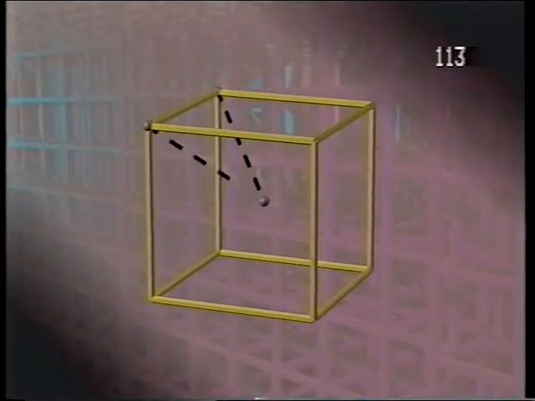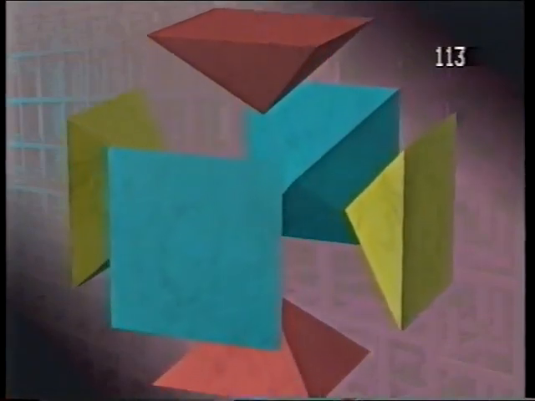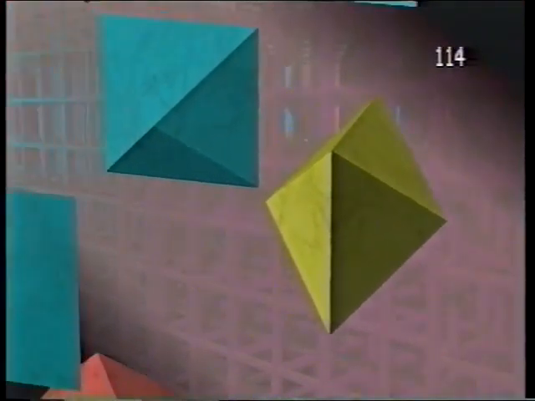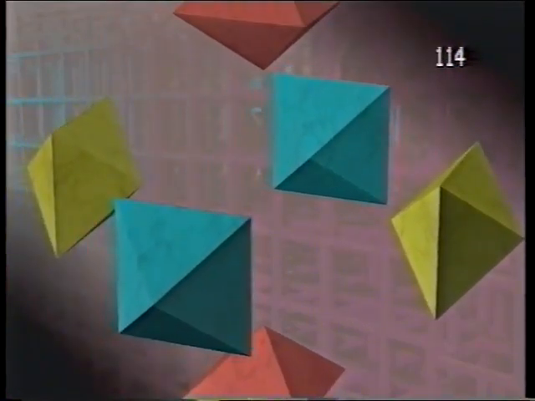For example, if we join the centre of a cube to each of its 8 vertices, we divide the cube into 6 square pyramids. If these are combined with ones from adjacent cubes, we get octahedra. All of the cubes have been replaced by octahedra.